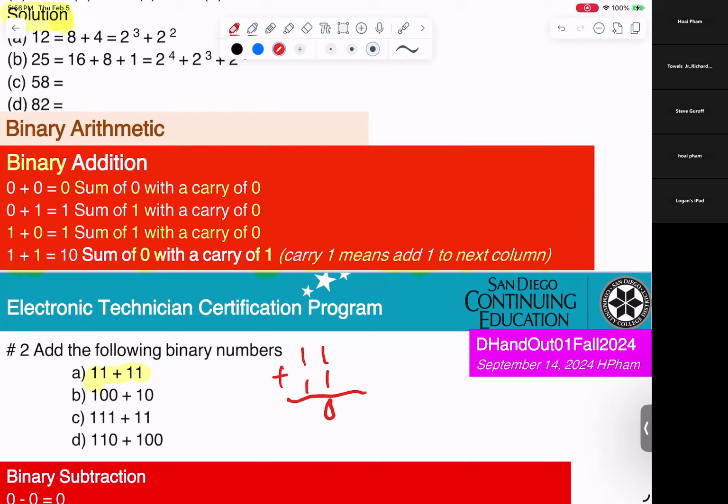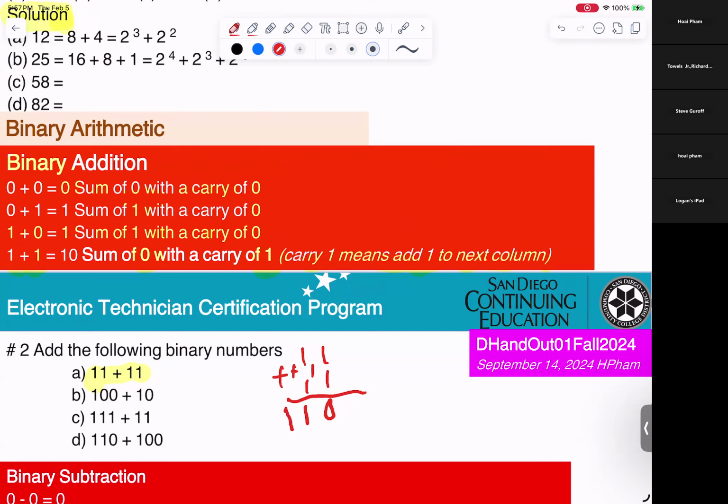That's what the table given to you. However, carry 1. Now, carry 1 means add 1 to the next. So, the next one here, now you need to add in 1. 1 adding 1 is 0. Carry 1. 0 adding 1, 1. Carry 1 no more. So here.